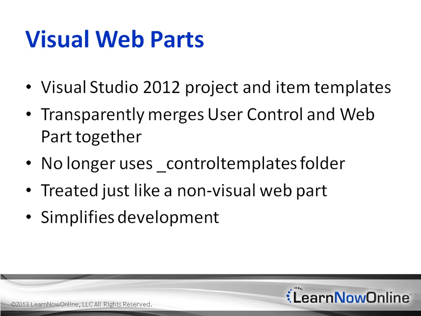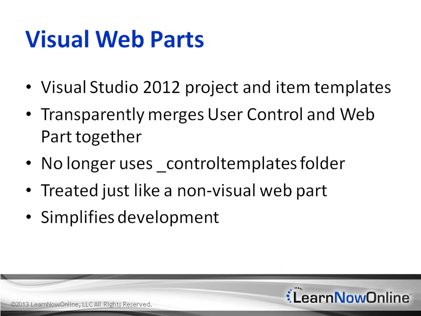The web part's job was basically just to load the user control, but it would also handle exposing any properties, for properties that you wanted to persist in the SharePoint content database using personalization. But what you had to do was the web part would expose the properties to the SharePoint framework, and then the web part would have to forward those values on to your user control if you wanted to use them in the user control.